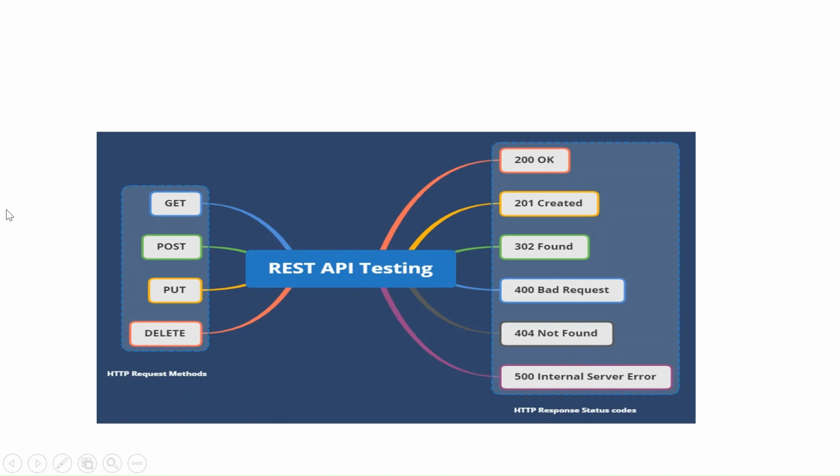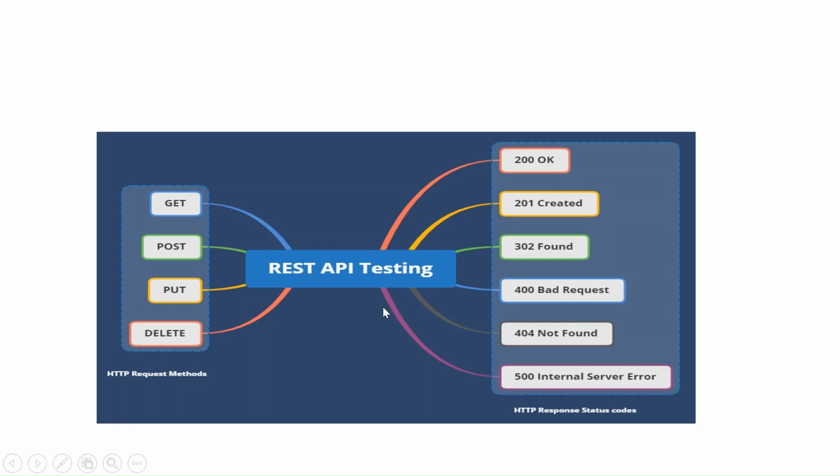There are 1xx series, 2xx series, 3xx series, 4xx series, and 5xx series codes. Based on the error, we judge what the problem is and troubleshoot it. So we check all these endpoints, as I told you: the protocol, the host, and the resource. With that, we check how the server is responding.